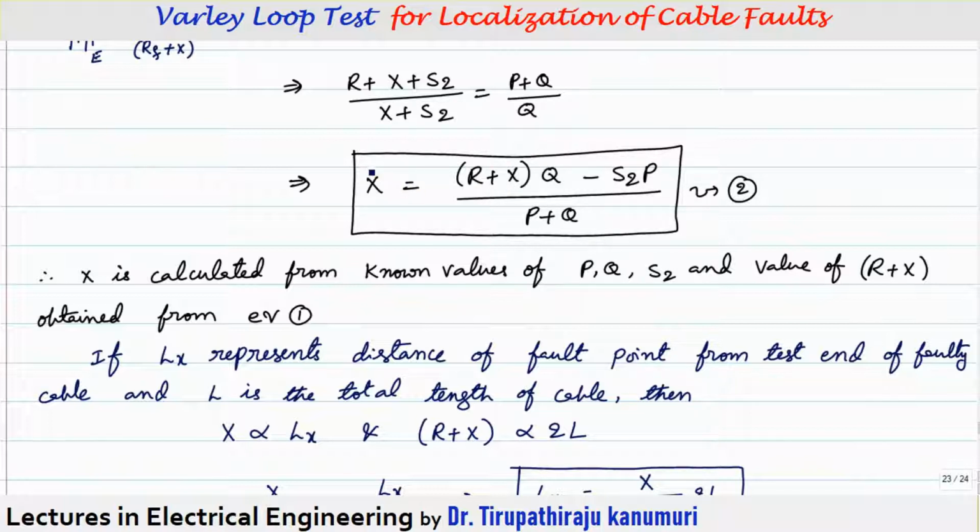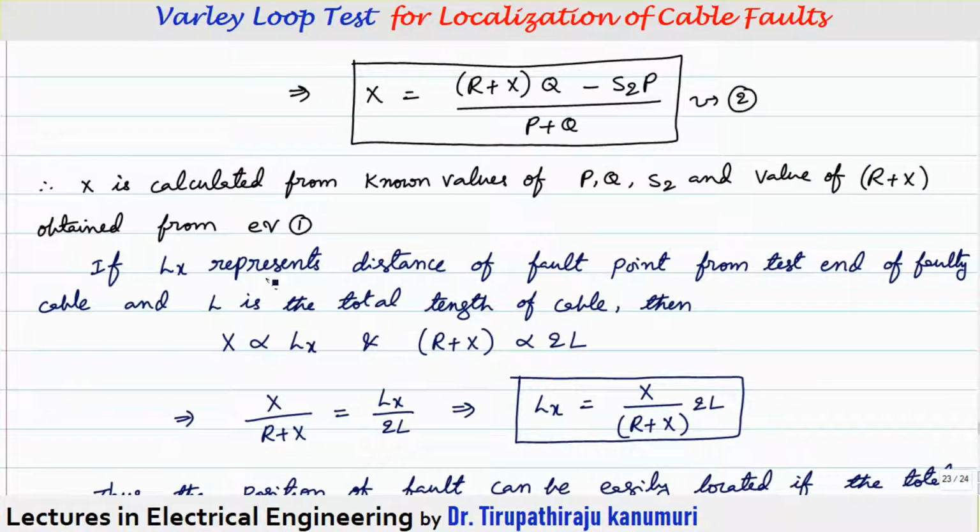Getting it? Now let us assume Lx represents the distance of the fault point from the test end of the faulty cable, and L is the total length of the cable. Total two cables are there, that's why the loop length will be equal to 2L.